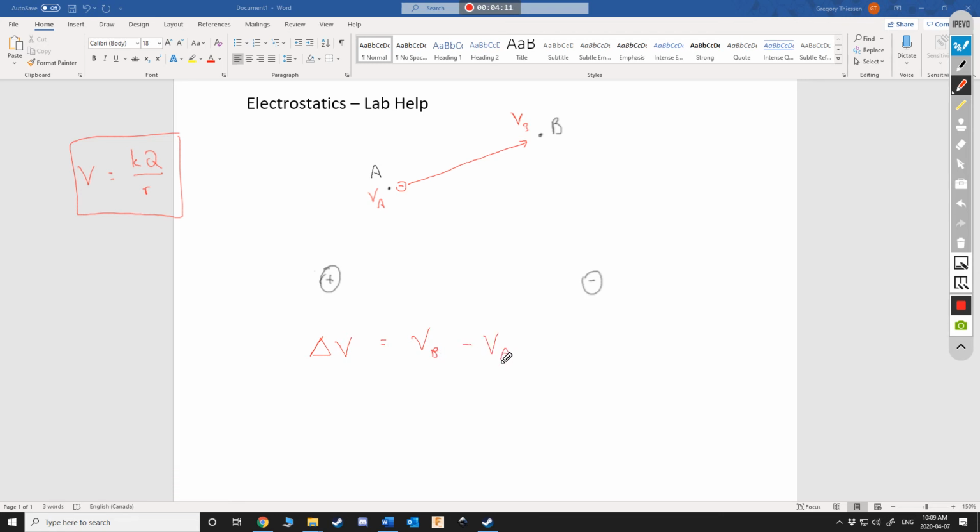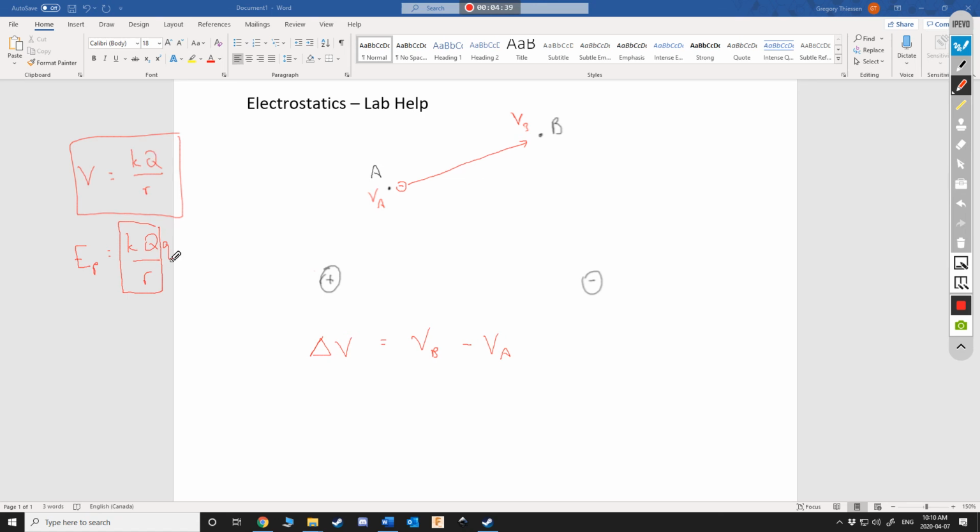Okay. The equation for potential energy is equal to kQq over r. Notice how if we look at these two equations, this part is just V, which we've already calculated.